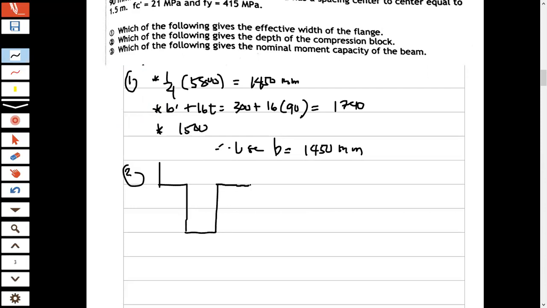So, T-beam, okay? So, this is 90. This one is 300. Okay? So, if within the slab, ganun pa rin, ano? C, T.